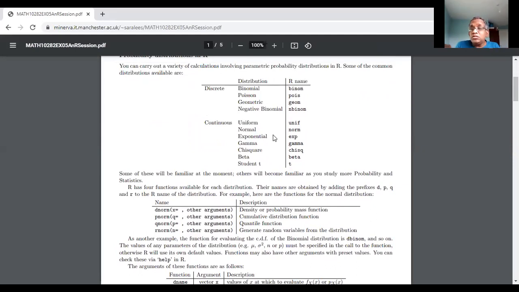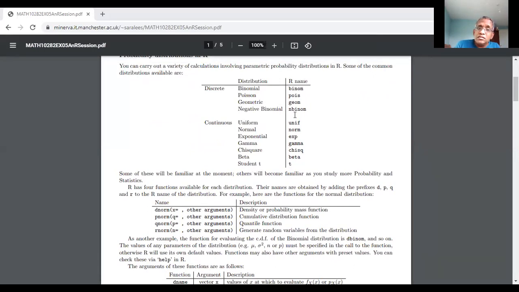Nearly all the distributions that you will encounter in your lifetime are contained in R. Some of the discrete distributions contained in R are the binomial, Poisson, geometric, and negative binomial. And some of the continuous distributions are the uniform, normal, exponential, gamma, chi-square, beta, and student's t.